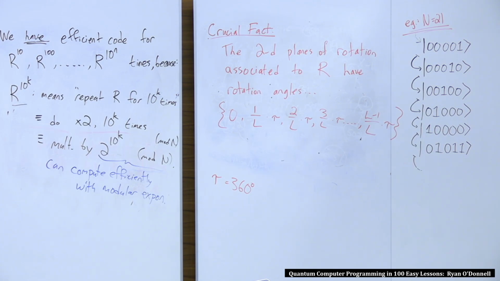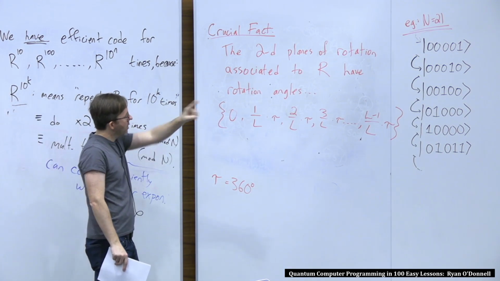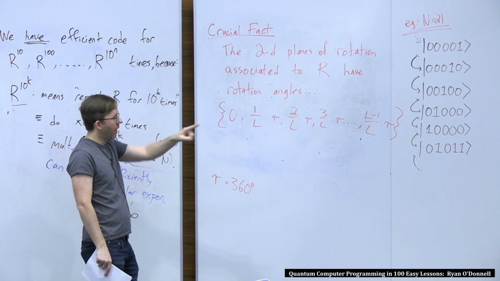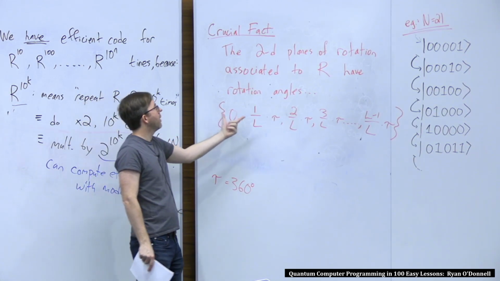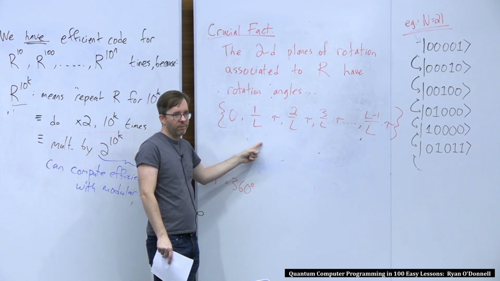Yeah. So that seems maybe cool because let's say, for example, you could somehow figure out how to make some qubits in a quantum state whose vector was in the 2D plane of rotation that rotated by 1 over L fraction of the circle.